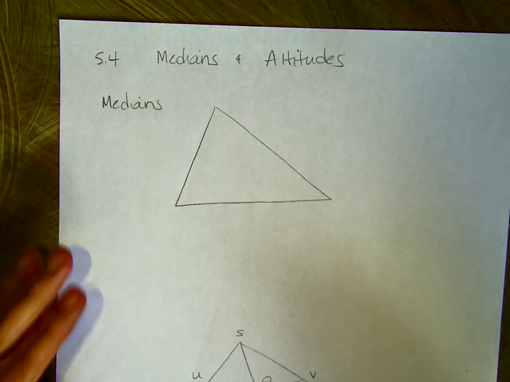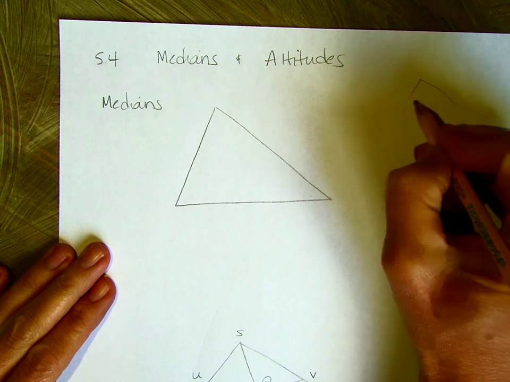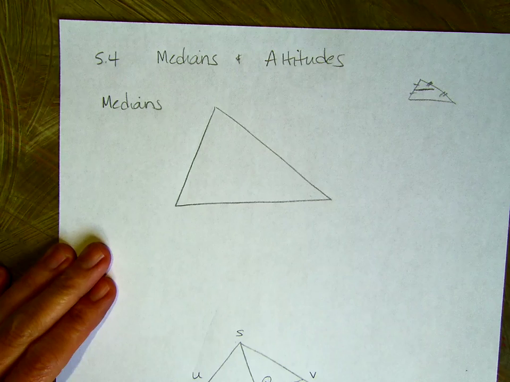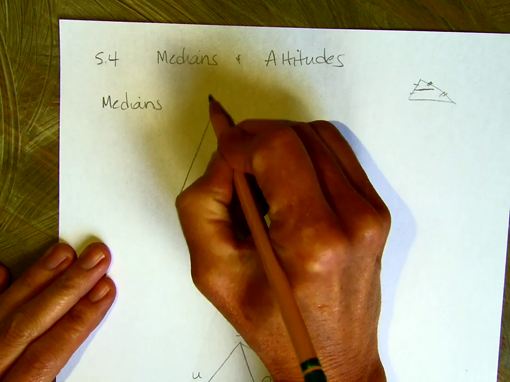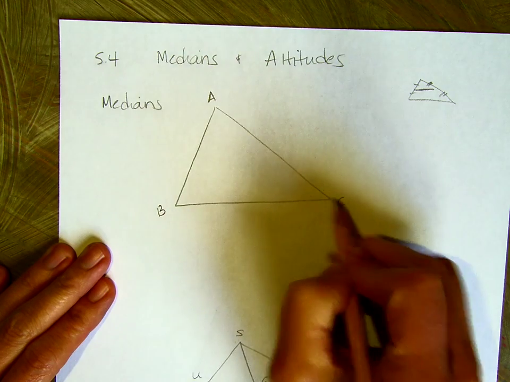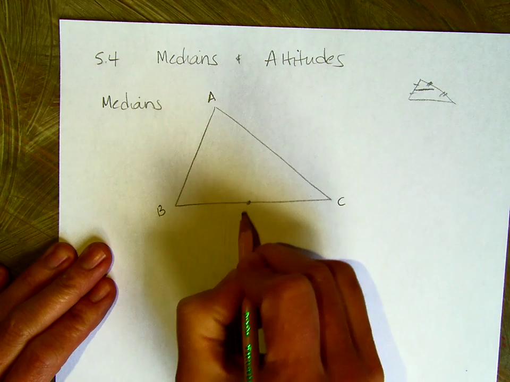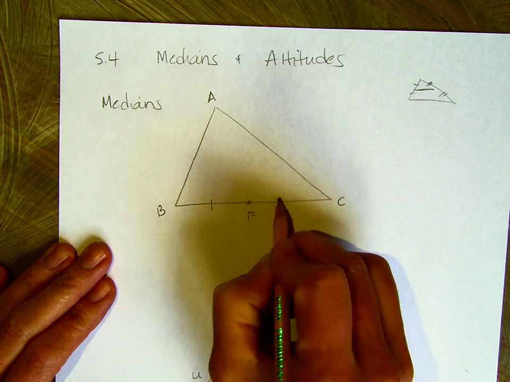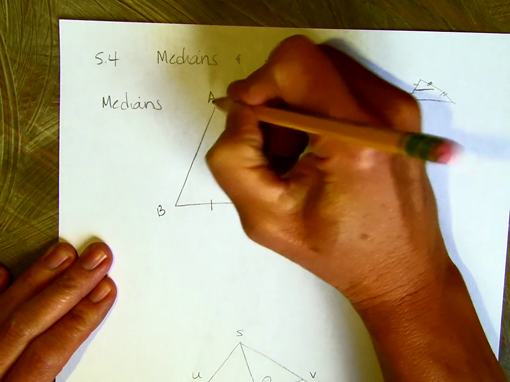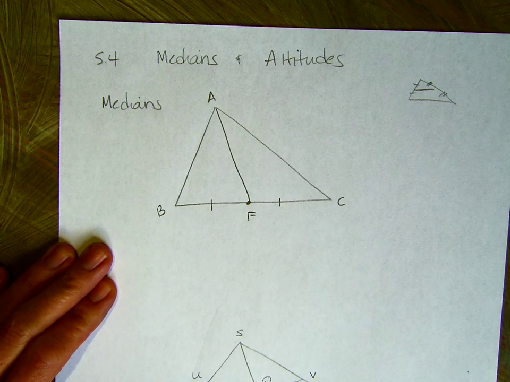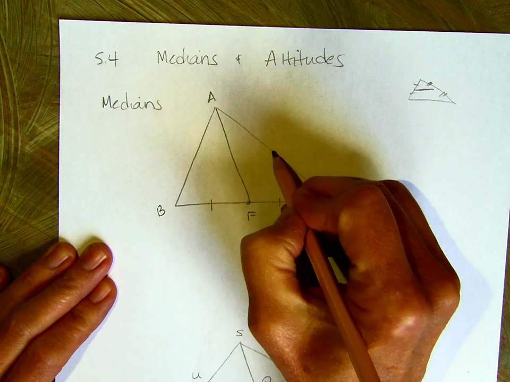So it's a median, not to be confused with a mid-segment. Remember, a mid-segment connects the midpoints of two sides. A median goes from a vertex to the midpoint of the opposite side. So if F is the midpoint of BC, the median is drawn from the vertex to the midpoint of the opposite side.